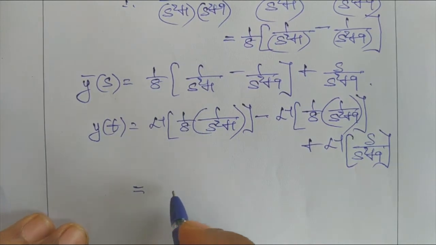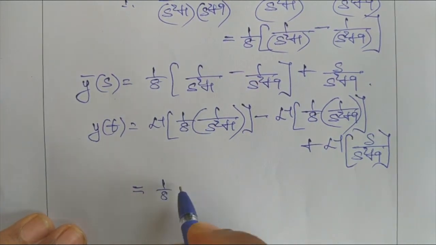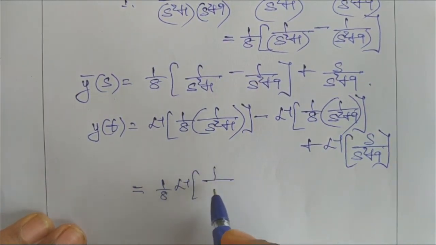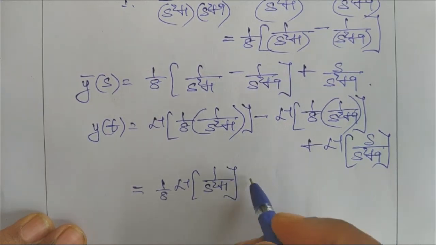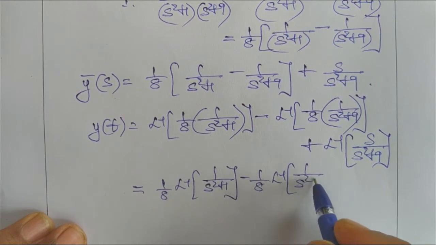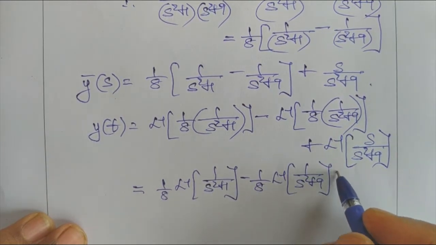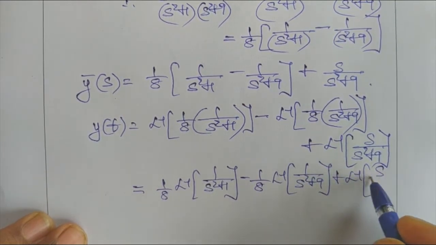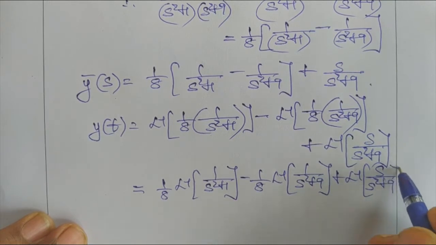This is nothing but 1 by 8 is common, take it outside. L inverse of 1 divided by s square plus 1 minus 1 by 8 into L inverse of 1 divided by s square plus 9 plus L inverse of s divided by s square plus 9.